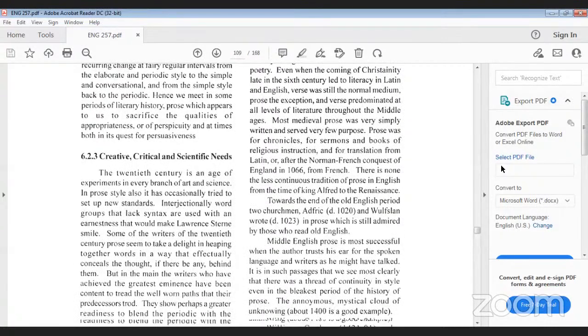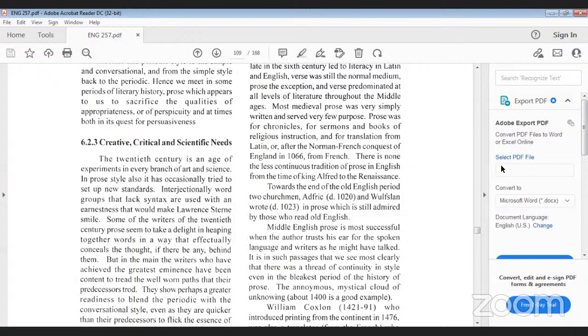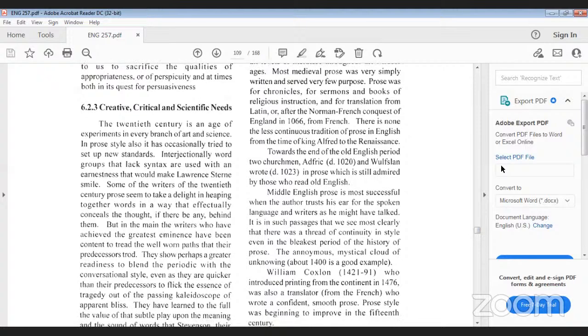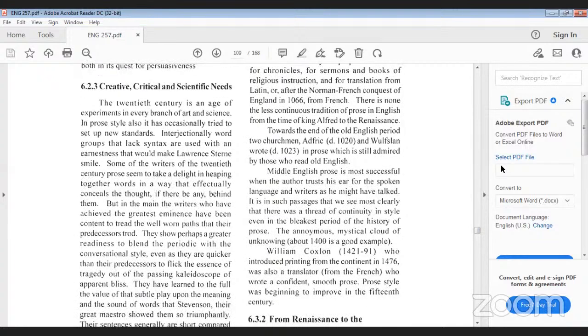But in the main, the writers who have achieved the greatest eminence have been content to tread the well-worn paths that their predecessors trod. They show perhaps a greater readiness to blend the periodic with the conversational style, even as they are quicker than their predecessors to flick the essence of tragedy out of the passing kaleidoscope of apparent bliss.